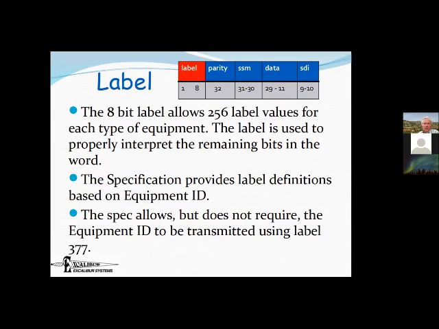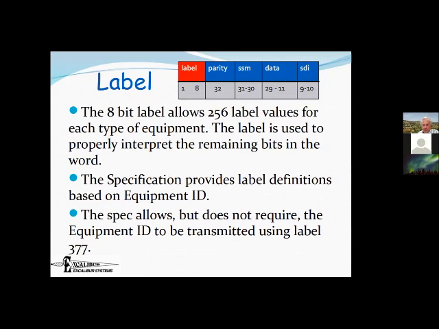Now, because there are only 256 possible label values, and airplanes might have more than 256 different kinds of data, we reuse labels. It turns out that any particular piece of equipment does not require more than 256 labels. However, the labels needed by an engine are significantly different than the labels needed by landing gear, which are themselves significantly different than the labels needed by an inertial navigation system.